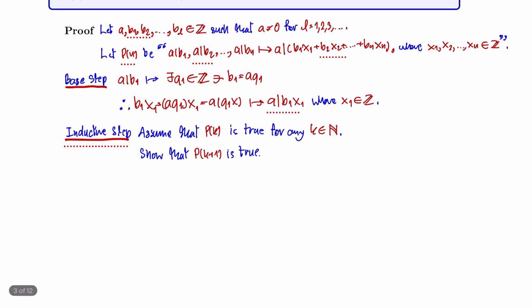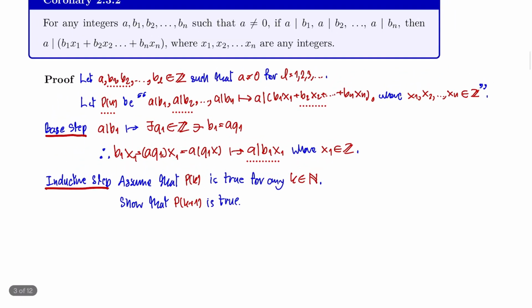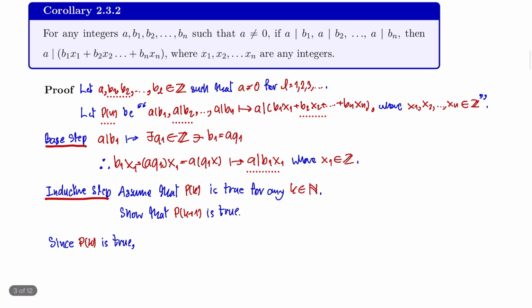So what do we have right here when P of k is true? Since Pk is true, what do we have?